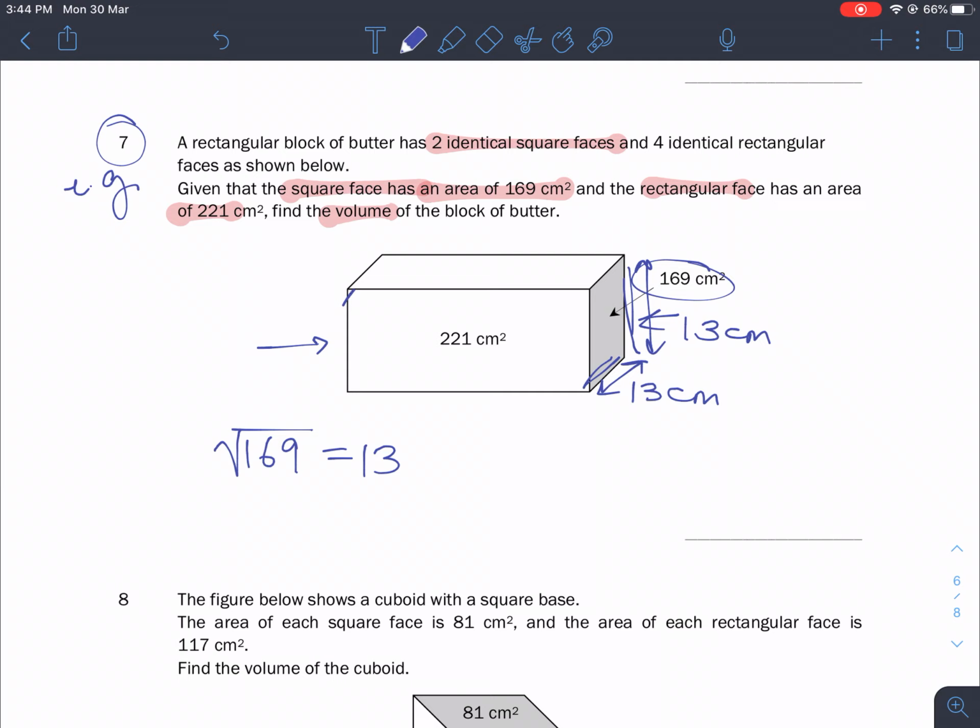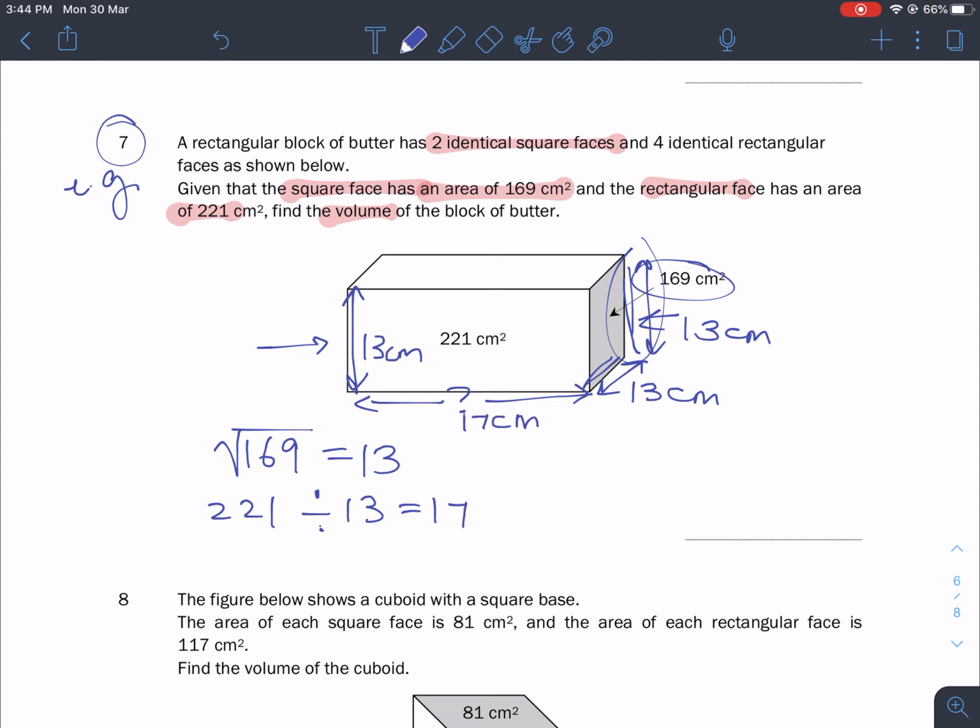So if you notice on this rectangle, this height is the same as this height, which is 13. So you can find the length using the area of the rectangle, which is 221 divided by 13. You will get 17 cm.